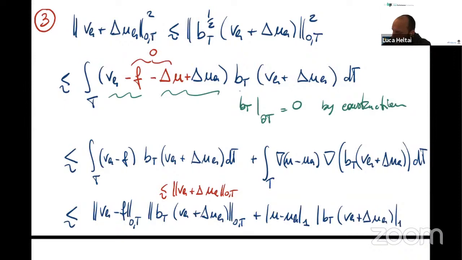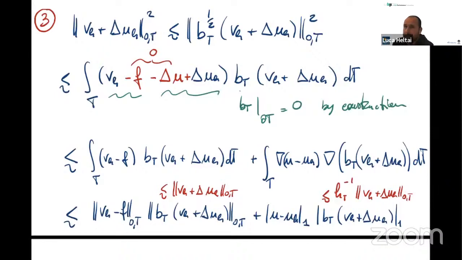And again, I can exploit now the fact that this guy over here with bt and the one semi-norm satisfies an inverse inequality, which is ht to the minus 1, semi-norm, norm vh plus Laplacian of uh 0t. Okay, and of course I can do this because vh plus the Laplacian of uh is a polynomial.